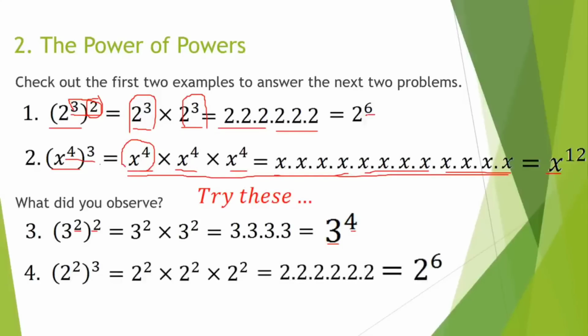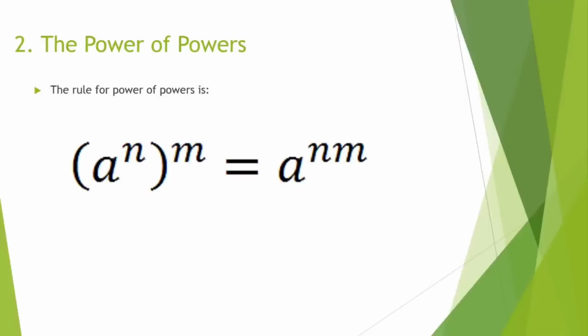The answer there is simply copy 2 and then multiply 2 times 3. So the exponent is 6. So for the power of powers, we have the rule: a raised to n, the quantity raised to m, is equal to a raised to n times m. We are multiplying our exponents for this rule.